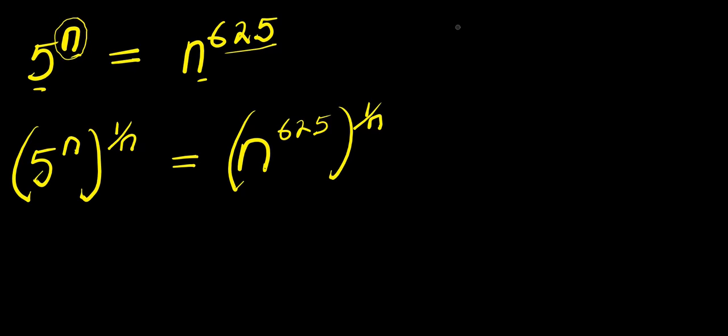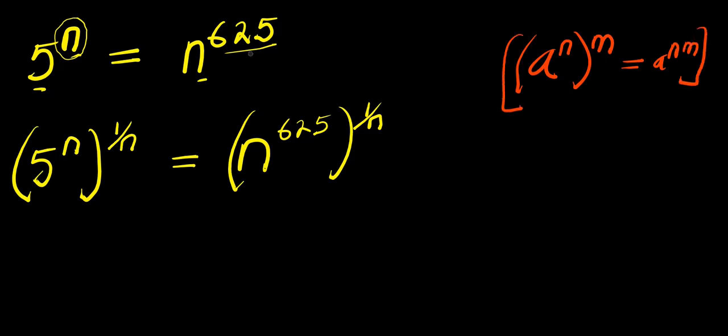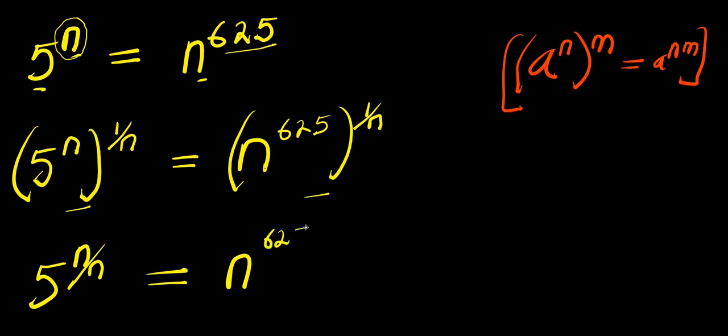So we consider this identity, a power n raised to the power of n equals a power n times n. So applying that here and here, I will have 5 power n times 1, that is n divided by n, equals n power 6 to 5 times 1, that is 6 to 5 divided by n.